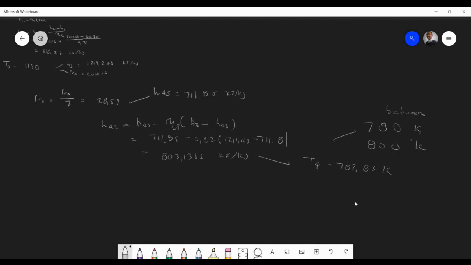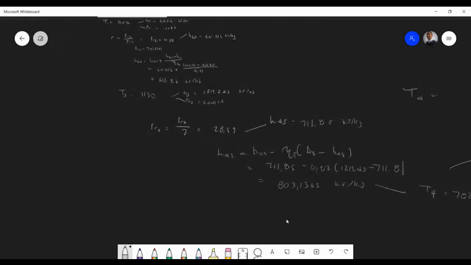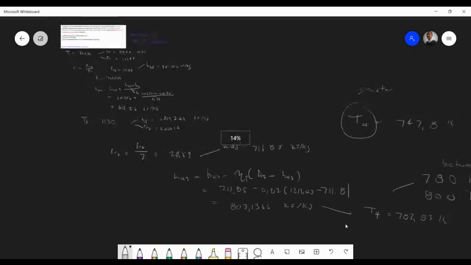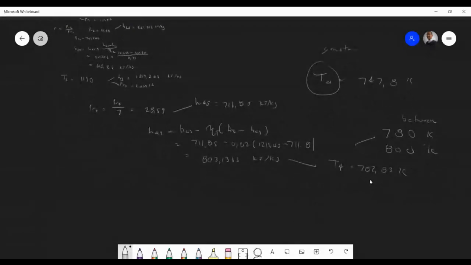I just want to see, my T4 at the previous T4, the constant one, was 747 Kelvin. So yeah, fairly close to each other. That's just with constant specific heat. Obviously, we're not dealing with that.